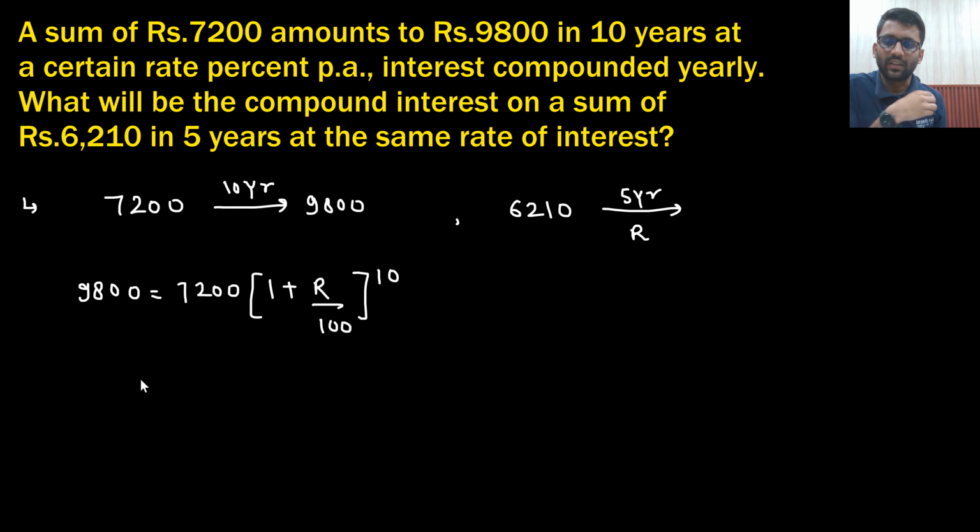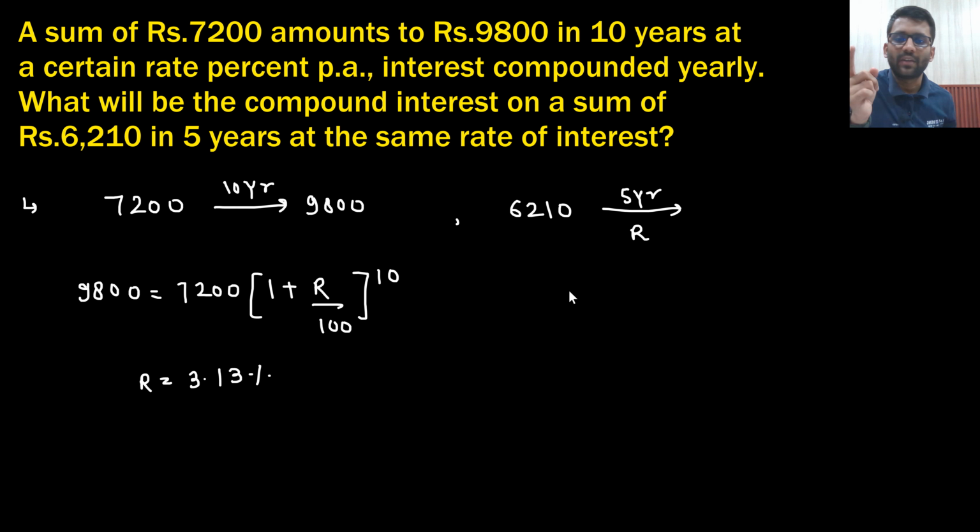So the rate we are getting is 3.13. This calculation you can do, right? What did I do? 98 by 72, then to the power 1 by 10, that is power 0.1, minus 1, into 100. That is the rate, that is 3.13%.